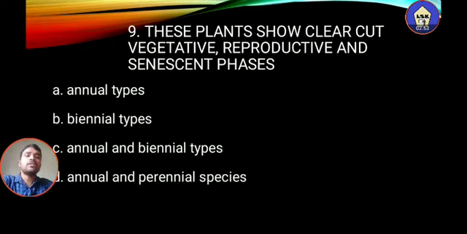In perennial species, we cannot identify the vegetative, reproductive and senescent phases clearly, because when there is no flowering, we cannot consider it as vegetative phase or senescent phase, since in the next season they will start to produce flowers. So it is very difficult to differentiate the life into distinct phases in perennial plants. So that is wrong. In annual as well as biennial plants, the phases are clearly differentiable. So the answer should be option C. Option C is the right answer to question number 9.